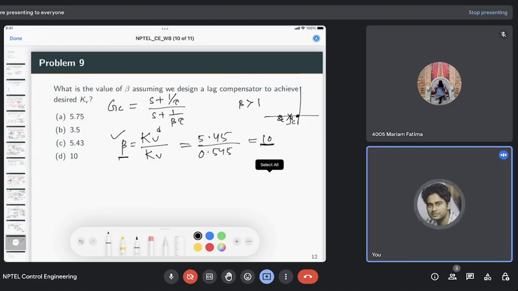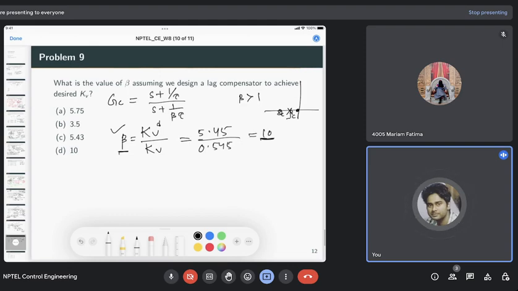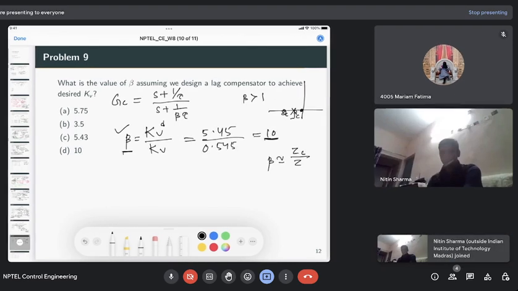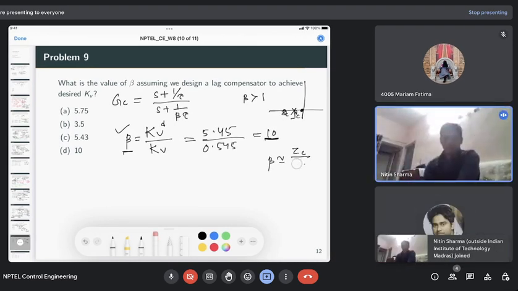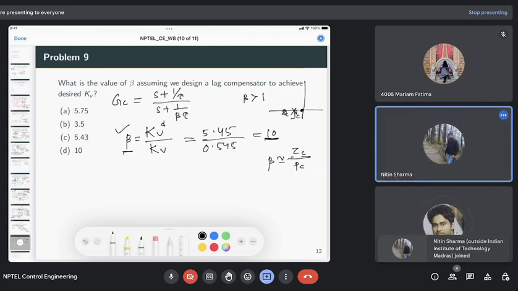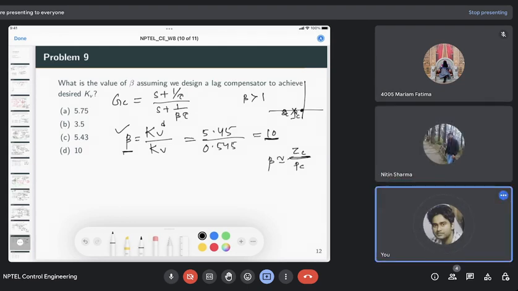And if you remember from the lecture video, this beta is approximately equal to the ratio of the zero to the pole, right? This is approximately this ratio. So once this beta is found, the location of this zero and pole are arbitrary, right? Because we only need the ratio to be this beta value 10.